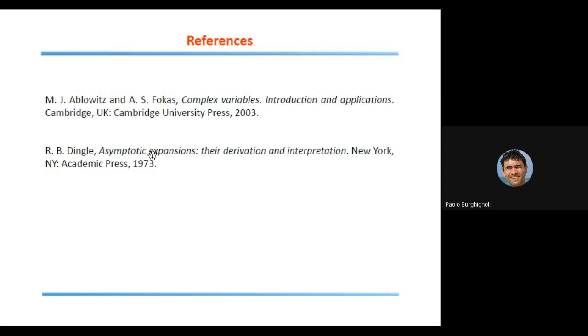And then there is this alternative approach, the one put forth by Dingle, in this 1973 book, which is rather advanced. It's not an easy reading, but it's worth knowing that something different from the standard asymptotics as the one given in Ablowitz and Fokas exists.